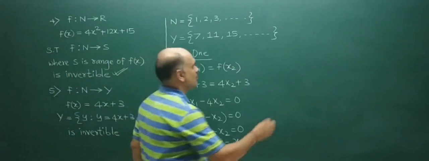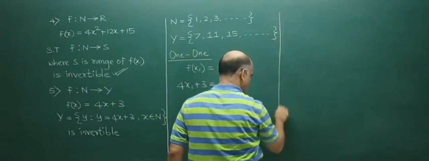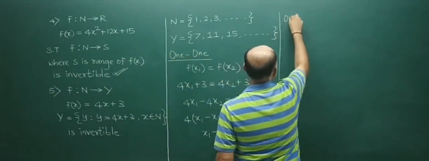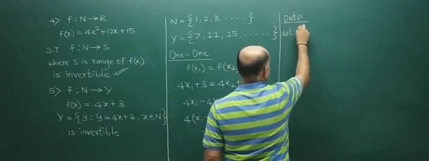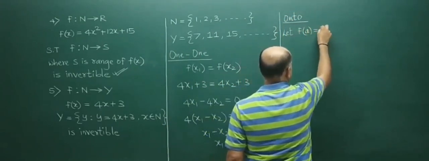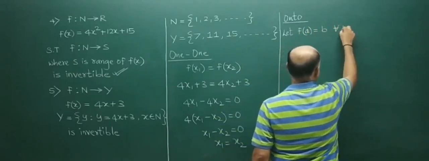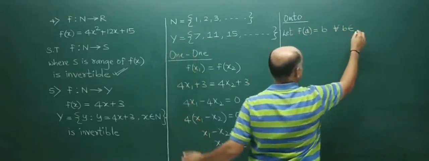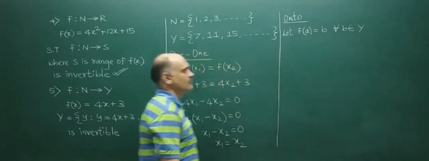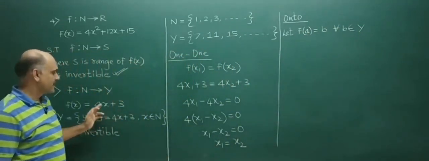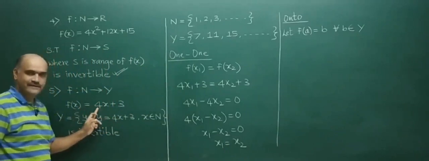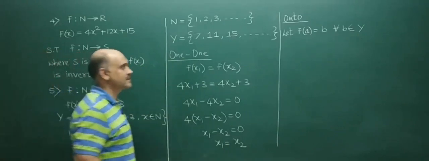Now if I take onto, let f of a is equal to b for all values of b belongs to Y. Again simplify f of a. f of a will be 4a plus 3.